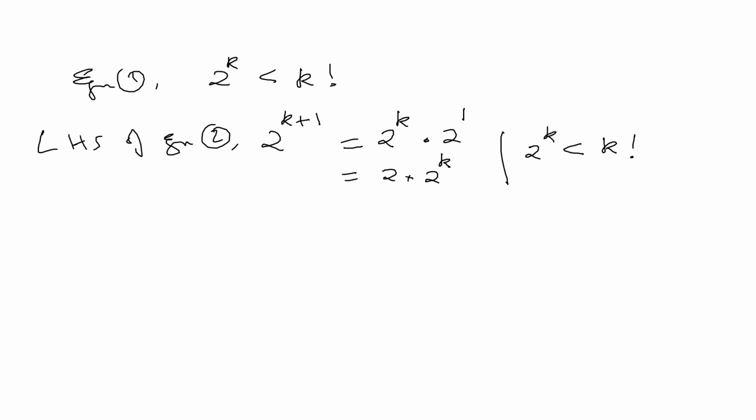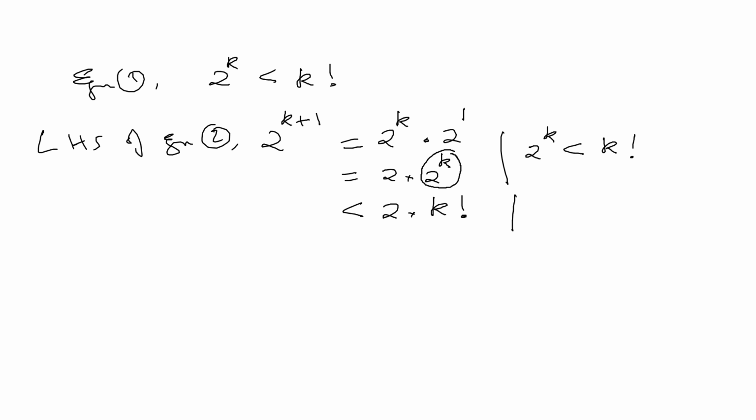So in this 2 to the power k we have, this 2 to the power k we will write as k factorial, but we'll use the less than symbol: 2 into k factorial. Still our problem is not solved. We want the right hand side here to be k plus 1 factorial. Now this 2 is creating the problem; that k factorial, let it be there, that we can do something.